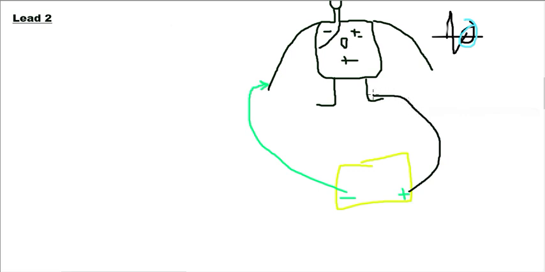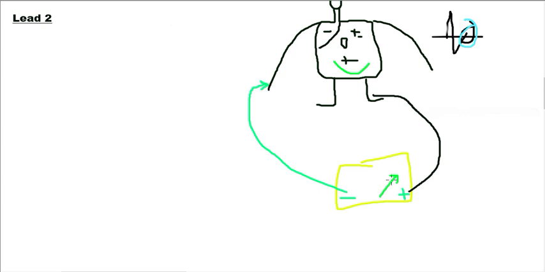It means that it is indirectly connected with the fluid that is present here. So in most cases, when this region is carrying negative charge and this region is positive charge, then a positive deflection will be shown by this lead 2. So what is the arrangement of placement of our lead 2?